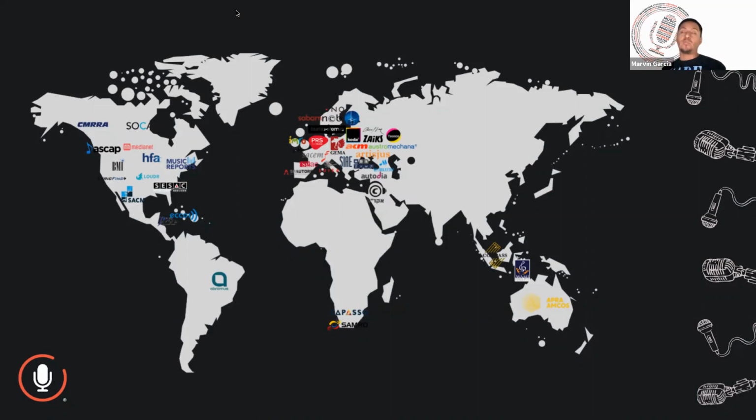So we streamline everything. We make it a lot easier for you. That way you just hop on our site and won't have to worry about that. But not only in North America, so US and Canada, but also worldwide, which is something that we always tell everyone, the ease of access of being able to collect on a global scale.